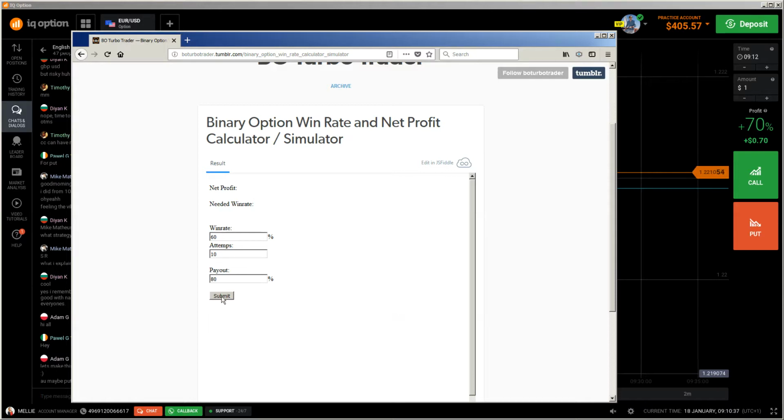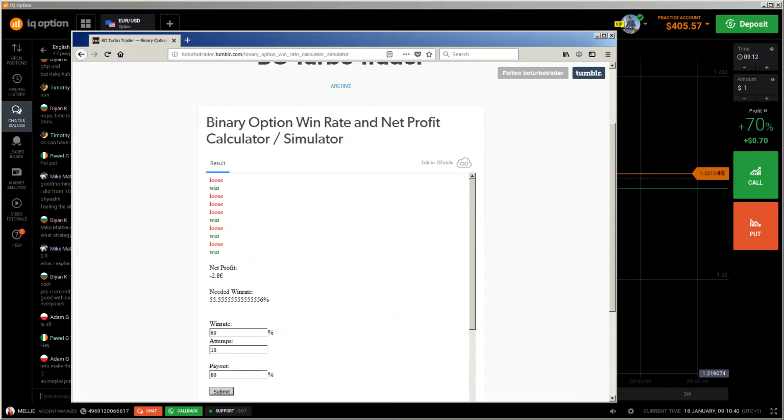You click here on submit and you see a 60% win rate, and this is what candlestick patterns provide. If you trade them blindly, a session could look like this. You lose your money, because you got 1, 2, 3, 4, 5, 6 out of the money in one session of 10 trades.